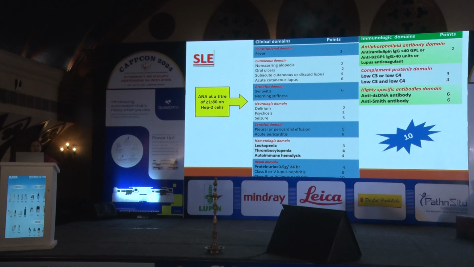So these are the features of the SLE with clinical domains, mainly fever, the cutaneous domain with alopecia or oral ulcers, with arthritis, synovitis or morning stiffness present, with psychosis or seizure present, serositis, and with hematological domain where there is leukopenia, thrombocytopenia, autoimmune hemolysis, with renal involvement where there is proteinuria of more than 500 milligram per 24 hours, with the immunologic domain where antiphospholipid antibody is more than 40 GPL, that is the cutoff, and where there is low complement proteins, that is C3 and C4, and also the presence of anti-dsDNA or anti-Smith antibody.